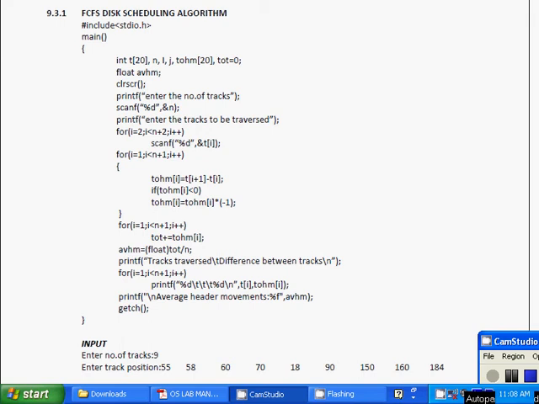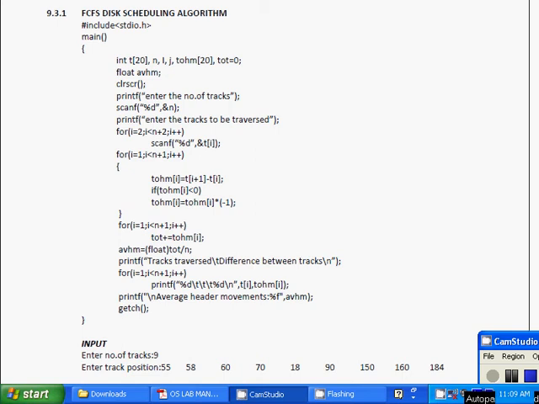The rotational latency is the additional time waiting for the disk to rotate the desired sector to the disk head. The disk bandwidth is the total number of bytes transferred divided by the total time between the first request for service and the completion of the last transfer.